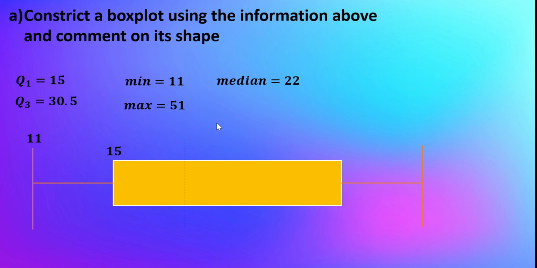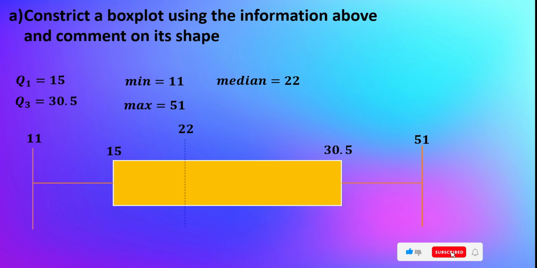If it's near Q1, your line should be near Q1. If it's near Q3, your line should be near Q3. Now in this case, 22 is nearer to 15 than to 30.5. So we put it here. So we have our 30.5 and 51. So this is our box plot diagram.